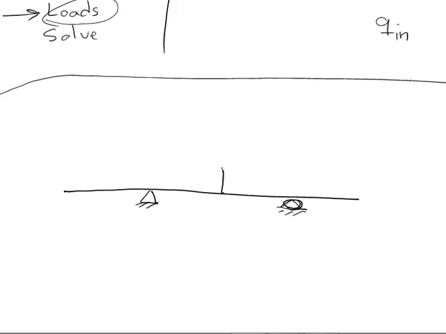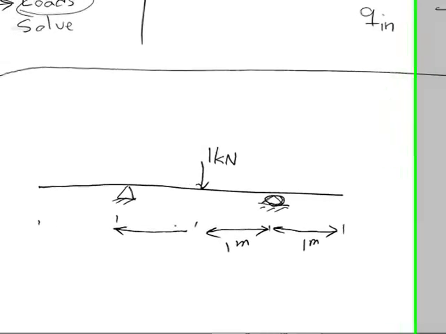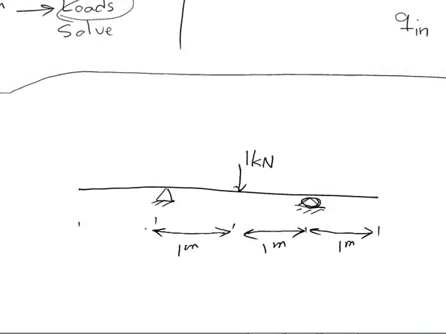And in the middle, I'm going to apply a load of 1 kilonewton. These lengths are going to be equal, let's say 1 meter each. And then apply the 1 kilonewton load right at the middle of this beam and run the analysis.